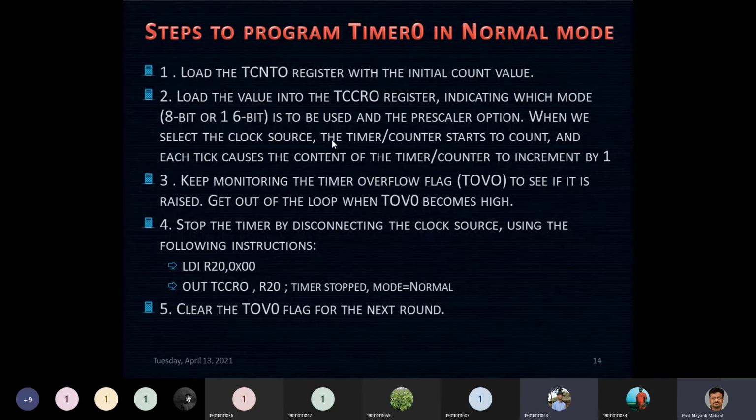Anyone else? Number 34, want to say something? Number 19, which value do I need to load if I want to clear the flag?